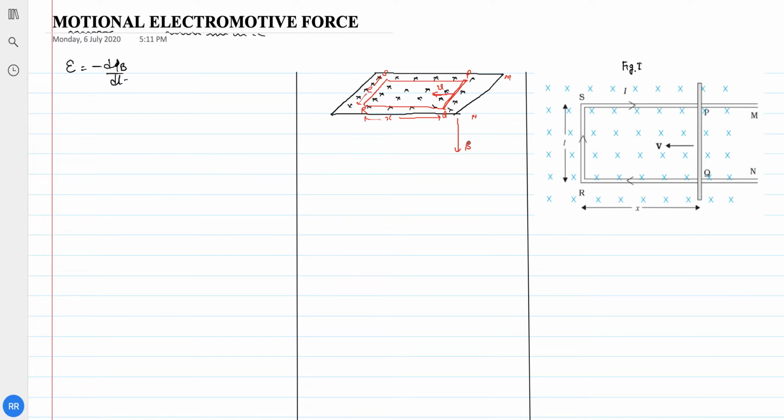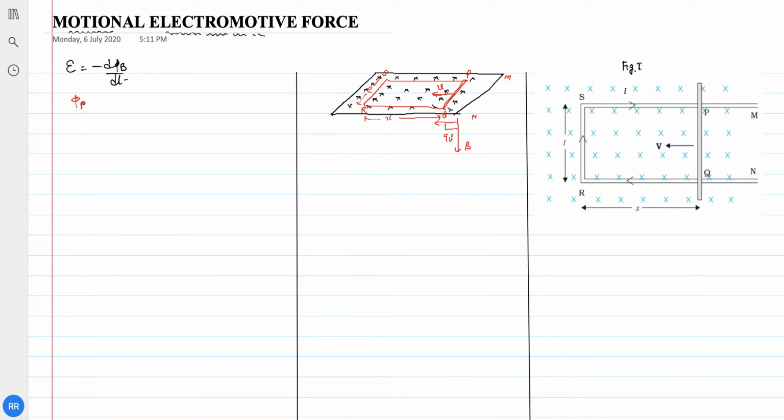This is moving in the uniform magnetic field, which is perpendicular to the plane. So see, as I said, this is perpendicular to the plane. This angle is 90 degrees, and if the length of this RQ is x and SR is some L, the magnetic flux phi B produced, because both of these now, area vector and field, have the same angle, so we can take this flux now as it is.